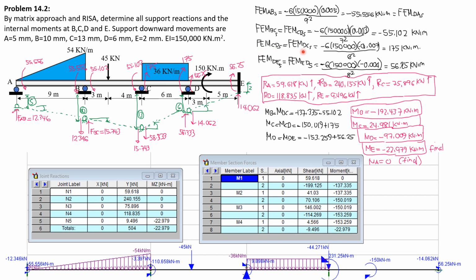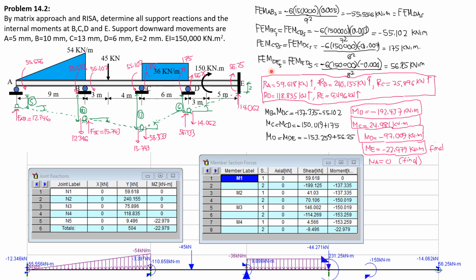Then fixed moment CD, which is also fixed moment DC, is equal to negative 6 EI. Delta this time is treated negative because the rotation of CD is counterclockwise. And delta is 13 minus 6, so 7 mm, negative 0.007 meter divided by L square, 6 square, so positive 175 kilonewton meter. So it is applied clockwise as shown in portion CD.